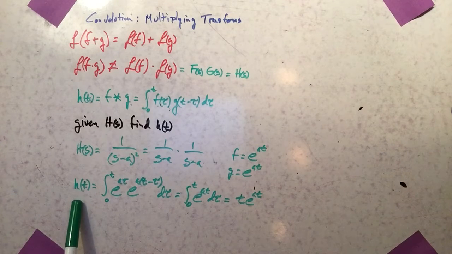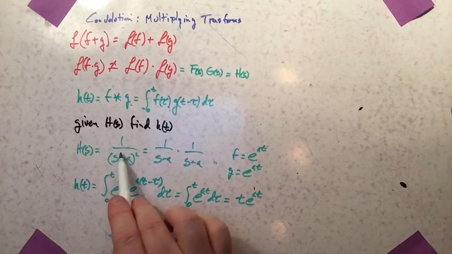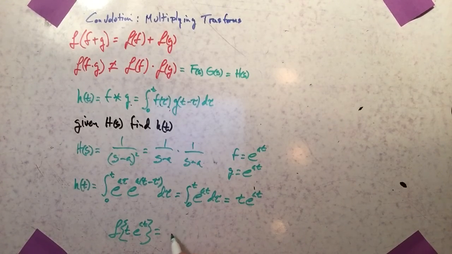Now, we can actually build a rule out of this. If I wanted to take the Laplace transform of t times e to the at, well, I already know the answer to that. The Laplace transform of h of t is H of s. So I know the answer is 1 over s minus a quantity squared.